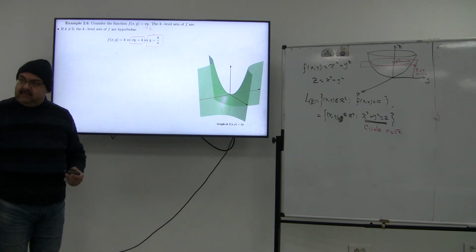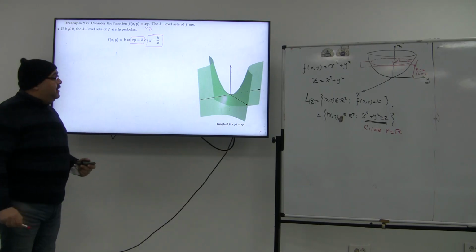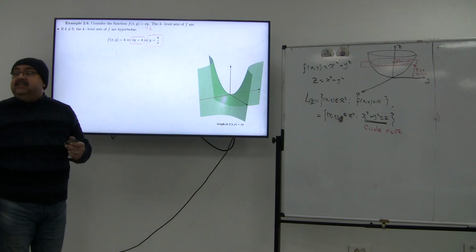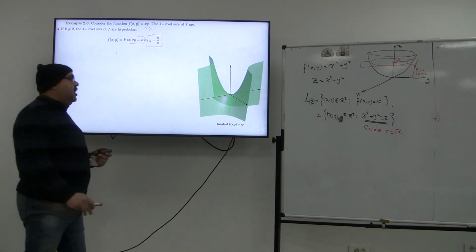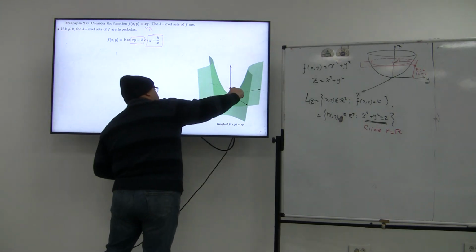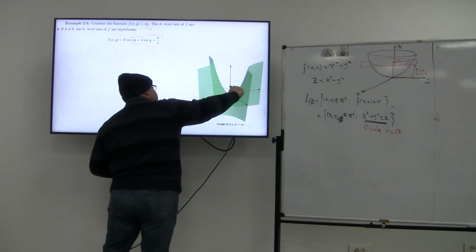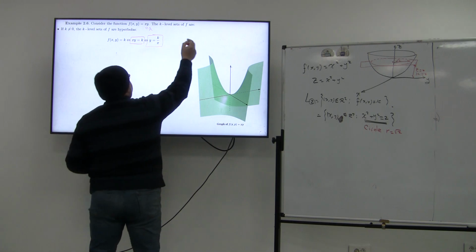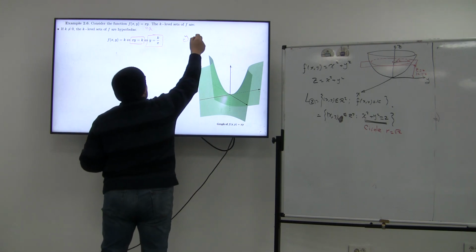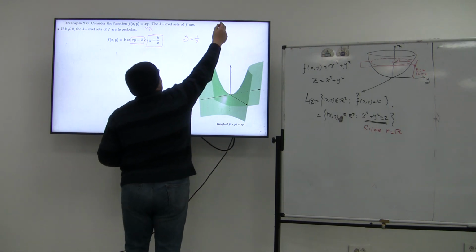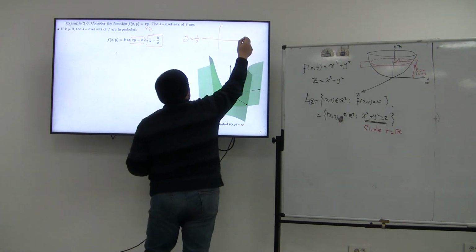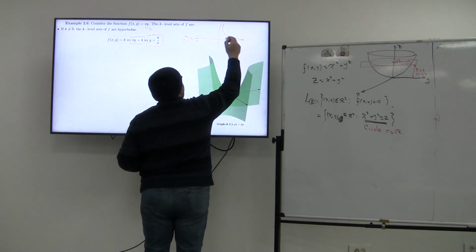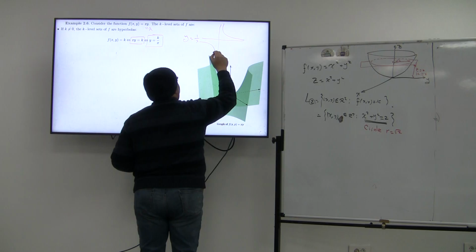It's very, very simple. Let's look at the case if k is equal to 1. If I cut this hyperbolic paraboloid at k equal to 1, I will have a hyperbola. How to see it? Just substitute. It's y equal to 1 over x, which is represented as this shape. Look at this shape.